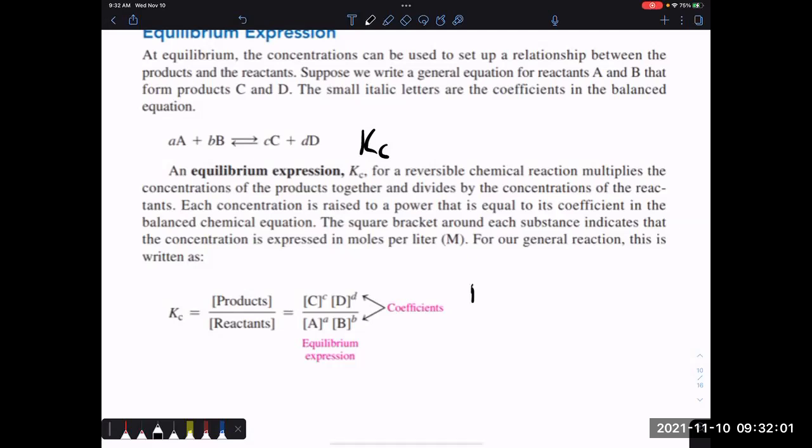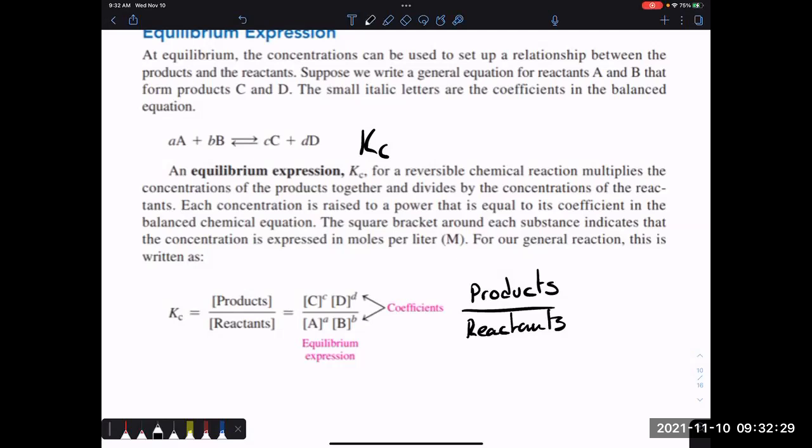This is like one of the mantras of chemistry: products over reactants. For any of these equilibrium expressions, you're always going to have the products divided by reactants. And then each concentration is raised to a power equal to its coefficient in the balanced chemical equation.